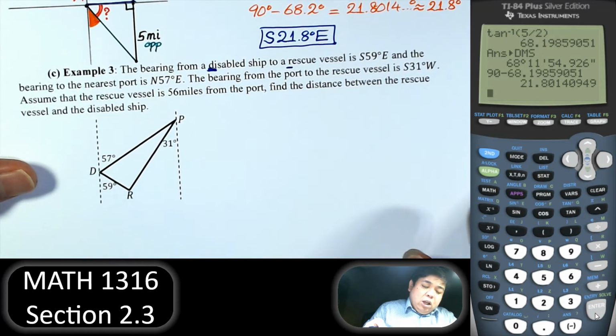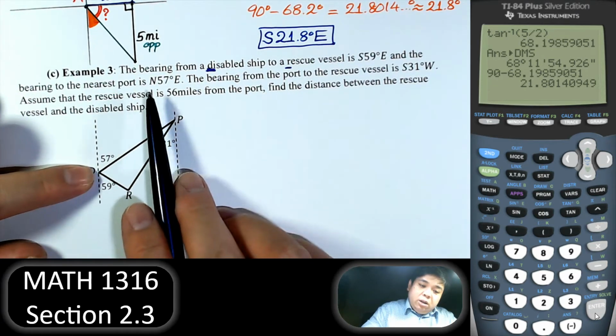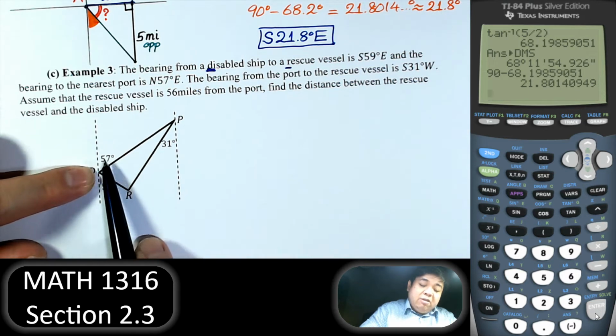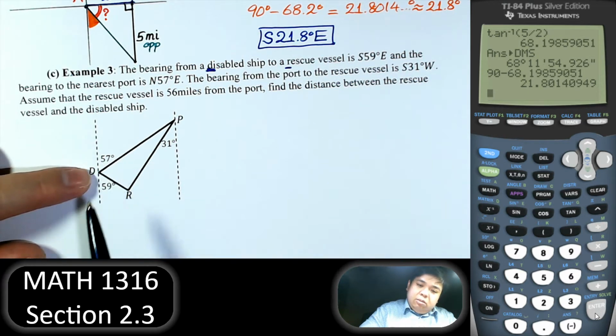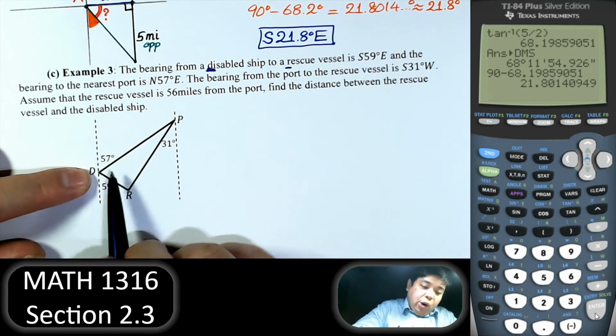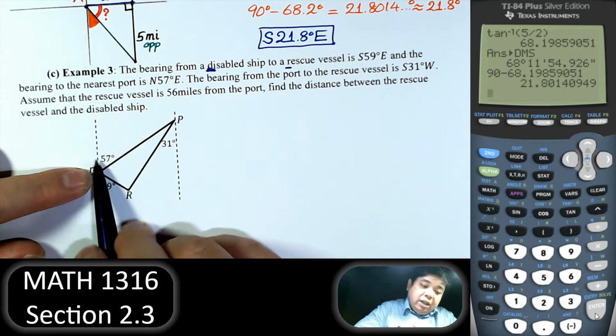The bearing to the nearest port from the disabled ship is north 57 degrees east.